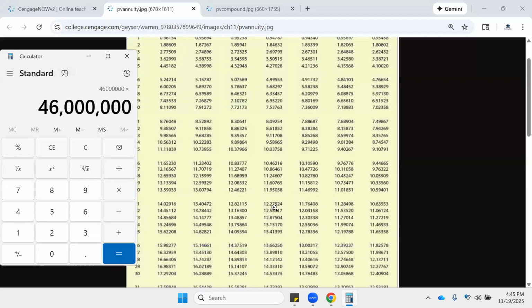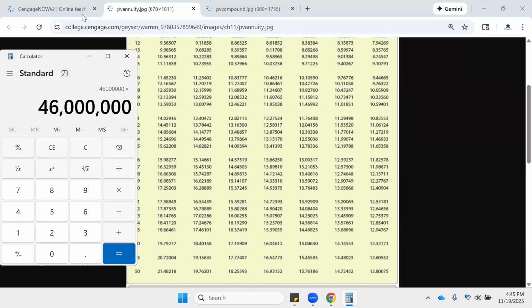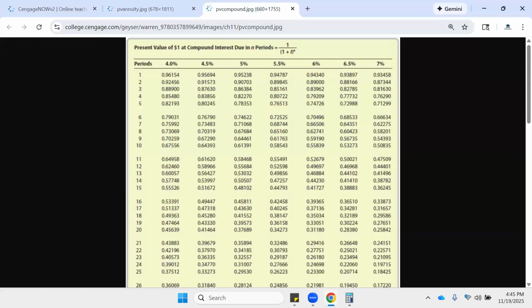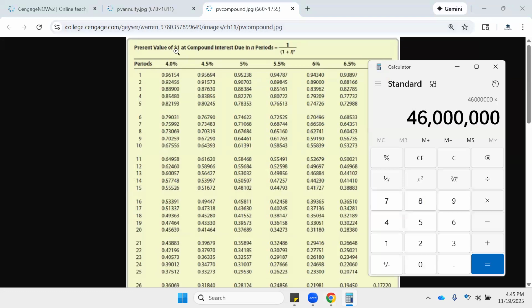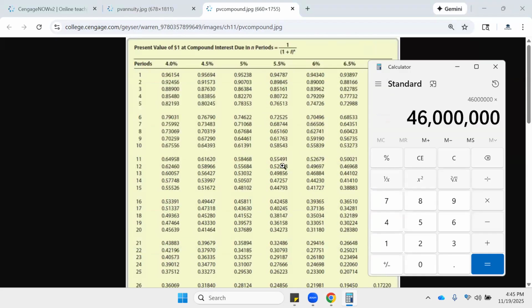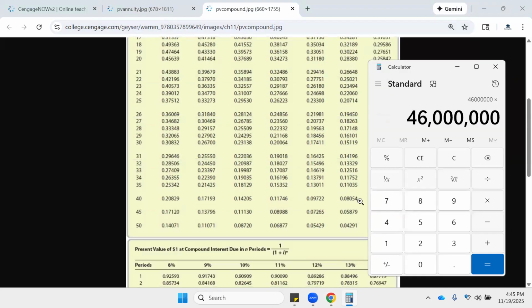And so for our calculation, we are going to multiply the $46 million times the factor for 5.5% over 40 periods. This is the present value of $1 at compound interest, not the annuity table. 5.5% over 40 periods is 0.11746, and again, that's right here, 0.11746.